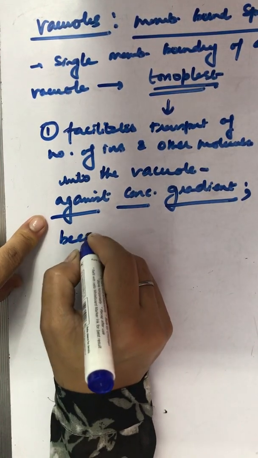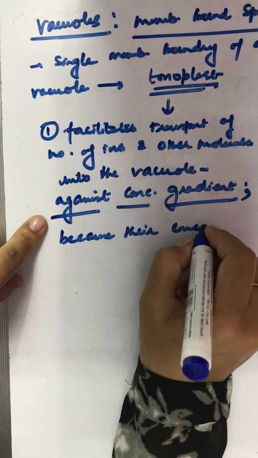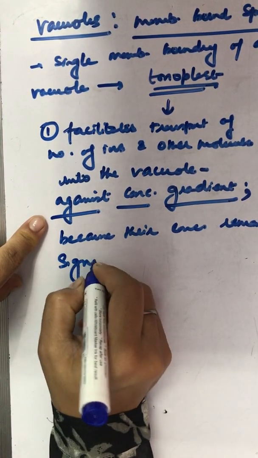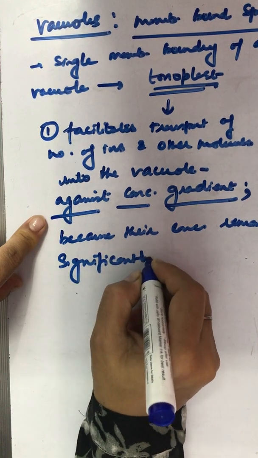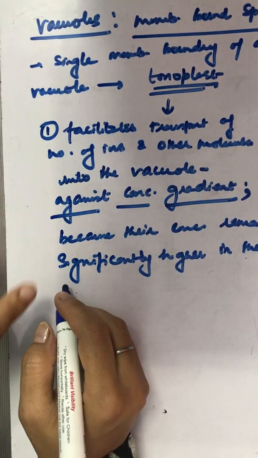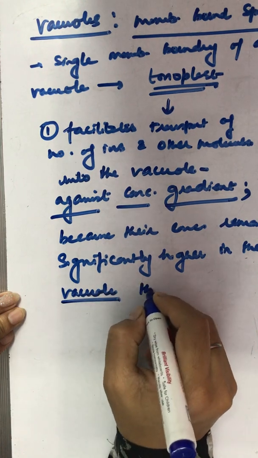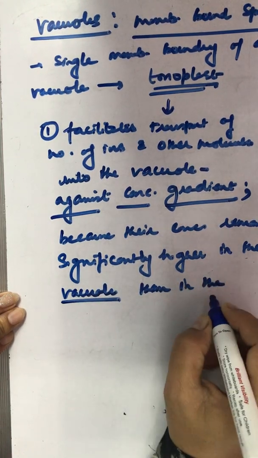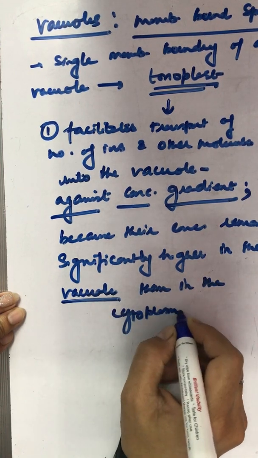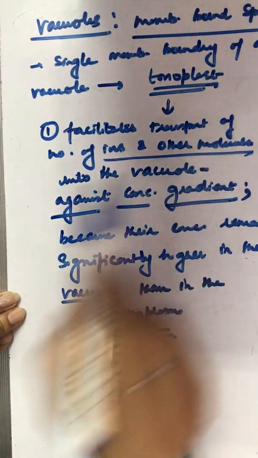Because their concentration remain significantly higher in the vacuole than in the cytoplasm. Whose concentration? Ions and molecules concentration.